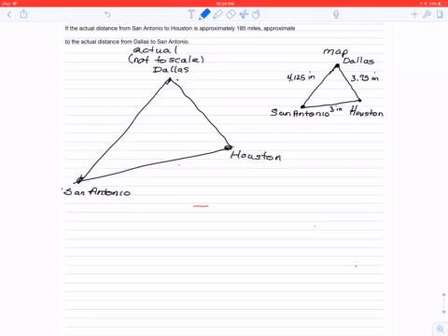So if the actual distance from San Antonio to Houston is again 185 miles, I want to approximate the actual distance from Dallas to San Antonio. So I'll call that our x.